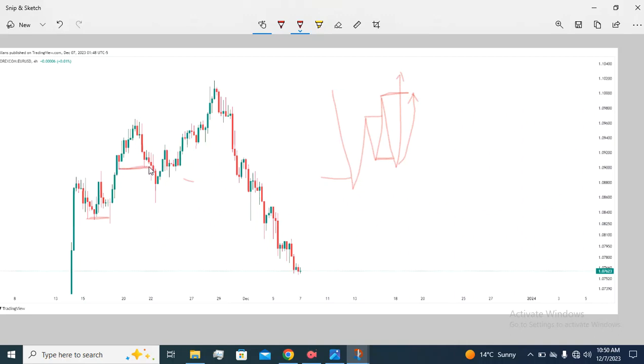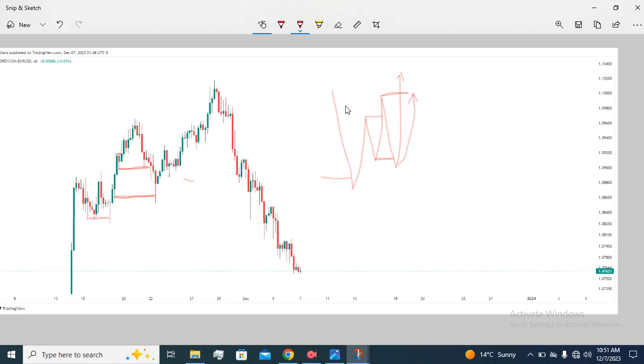But as I'm going to show you later, when you drop down on the 1-hour time frame, you will find out that this one here is a clear lower low for the first break of structure. On the 4-hour time frame, this is the first break of structure, and this one becomes its lower low. But when we drop to the 1-hour time frame, you'll see that this clear guy here is the clearest lower low for the first break of structure.